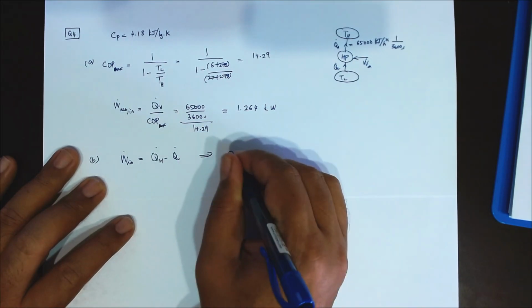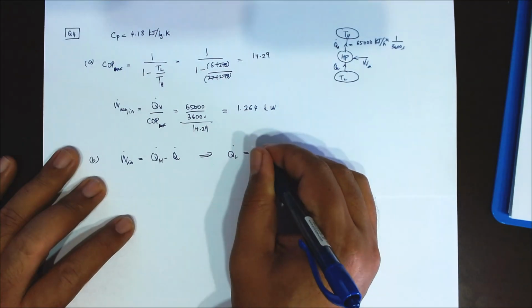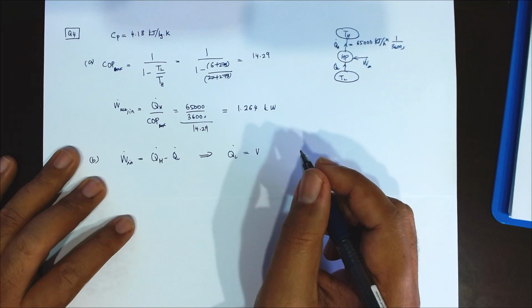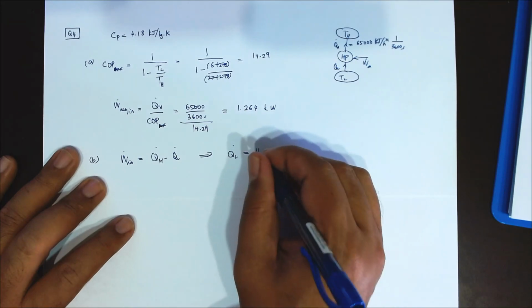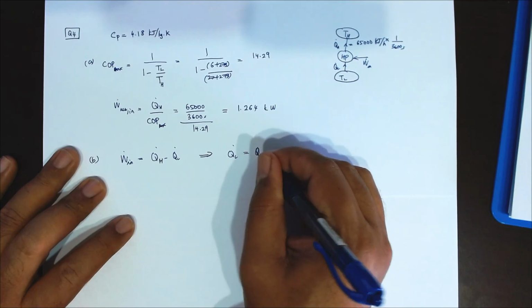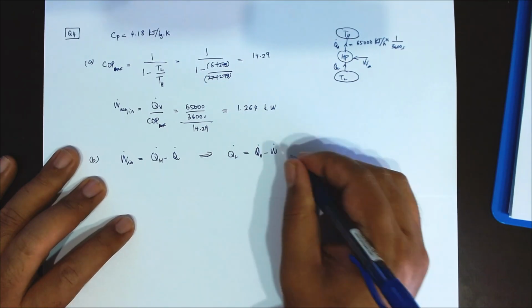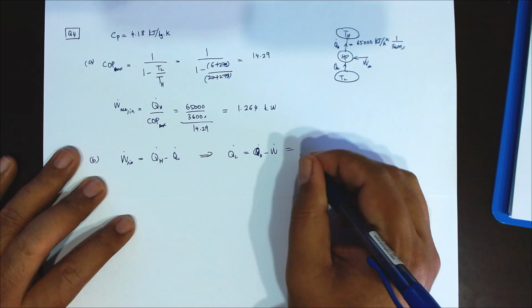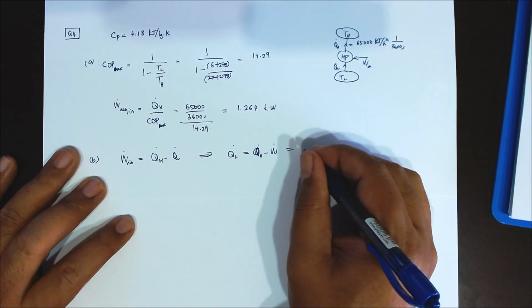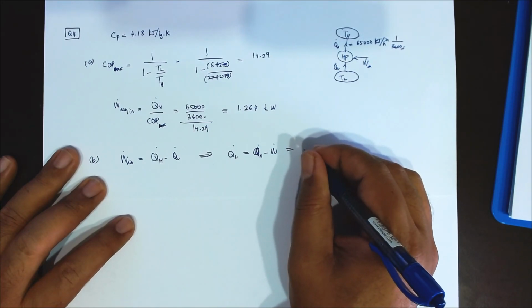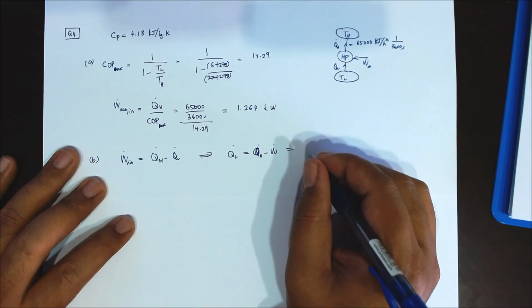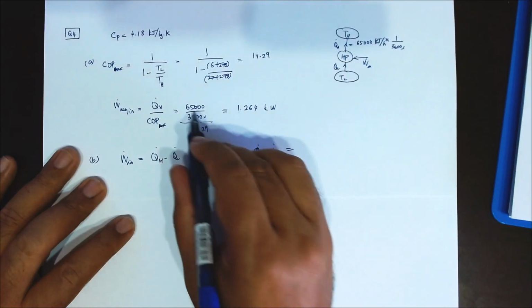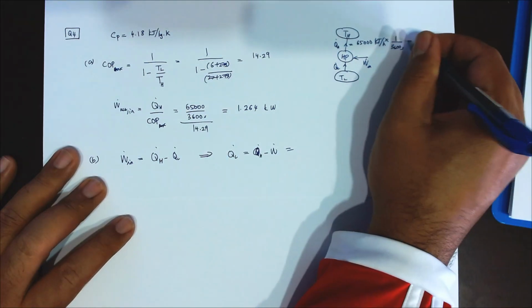Therefore, QL dot equals QH dot minus W dot. And QH dot is this one.